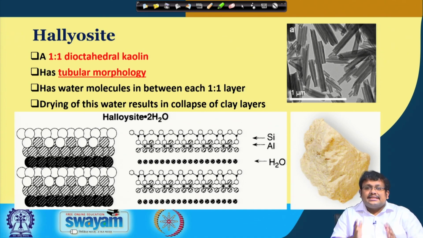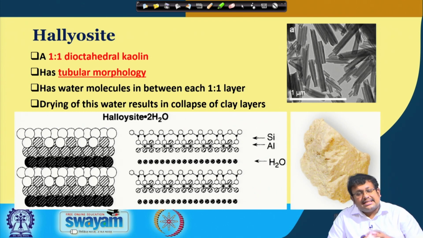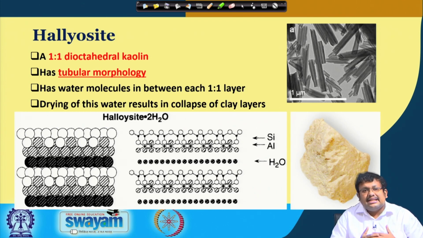So, guys, we have discussed different types of primary minerals, and we have started discussing the different types of secondary minerals. We have discussed how the 1:1 layer and 2:1 layer form, and we have started discussing the individual clay minerals.